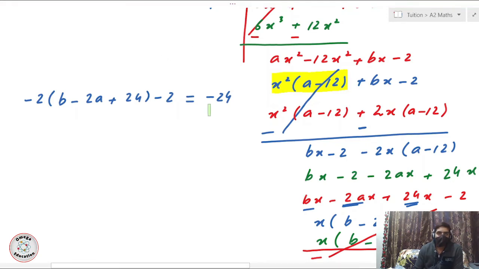This is the important step over here. That equals negative 24. And where do we get it from? It is already given in the question description, that the remainder, when the polynomial is divided by x plus 2, should be negative 24.